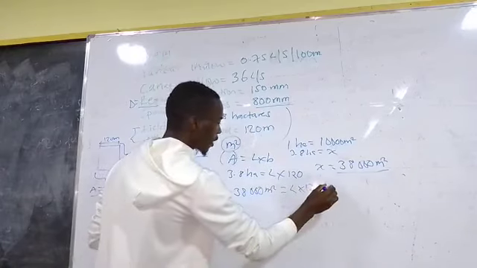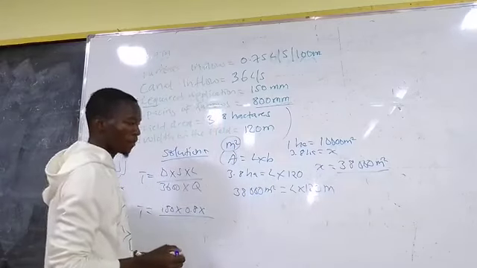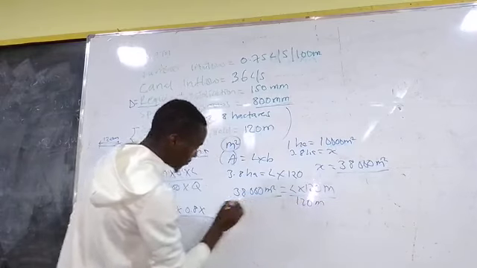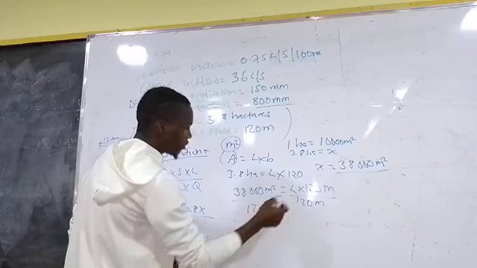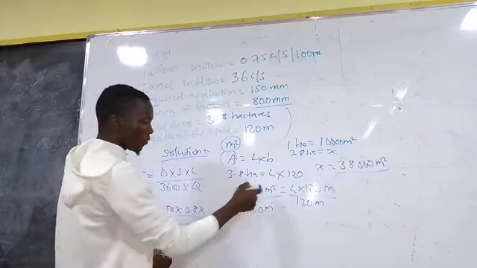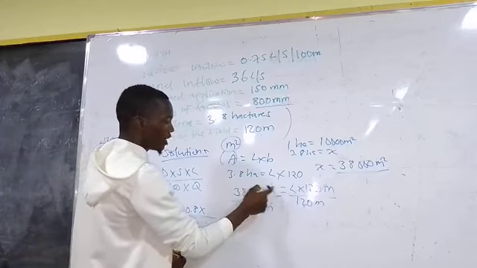Remember this 120 has a meter there. So we are going to divide by 120 meters, 120 meters divided by 120 meters, to remain with L. So this cancels.